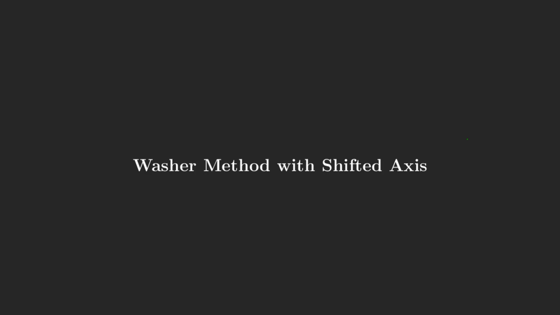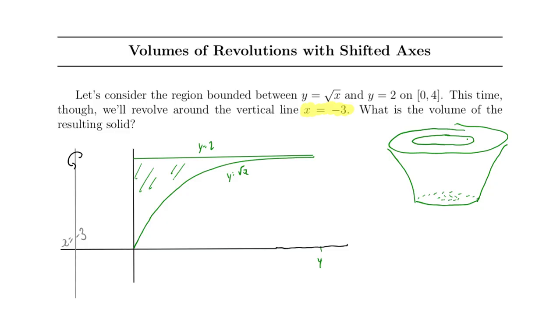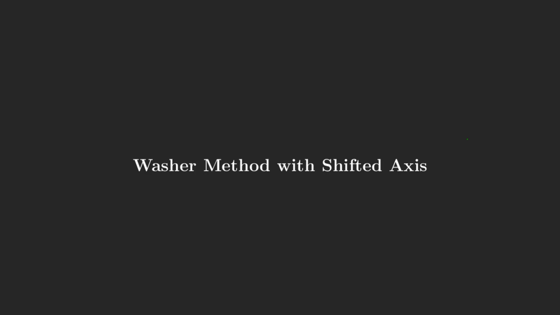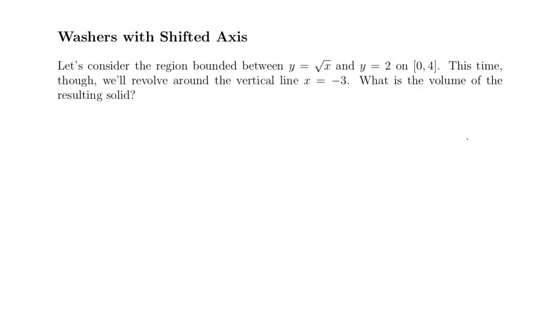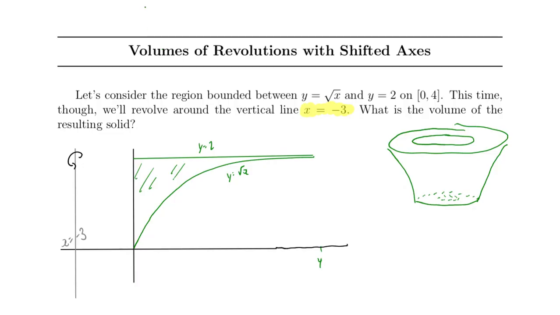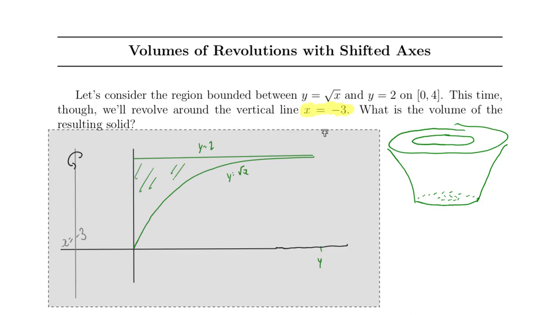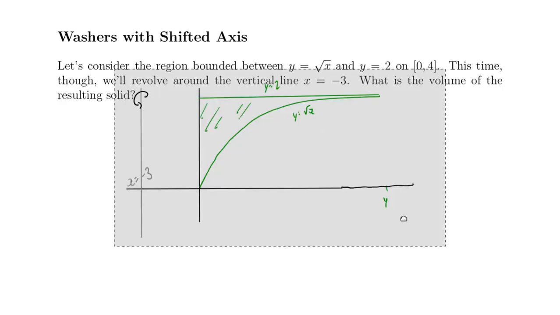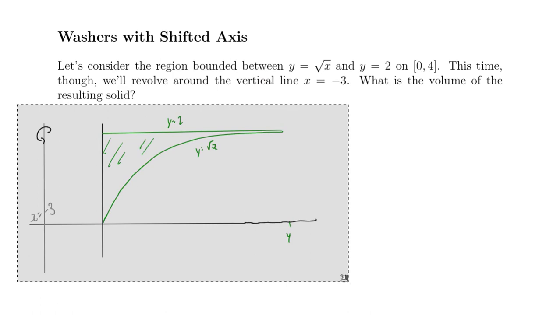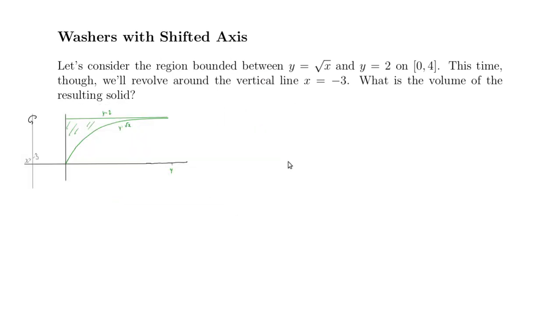You're going to notice that we can't use disks, obviously, because we're not butting up against our axis of revolution, because we've just looked at the first quadrant. We're looking at the interval from 0 to 4. So when we use the washer method with these shifted axes, we've got a couple of different options here. Let me see if I can grab this picture, and I'll shrink it down for the next page. All right, cool.